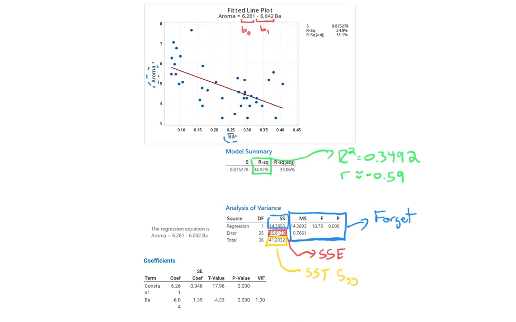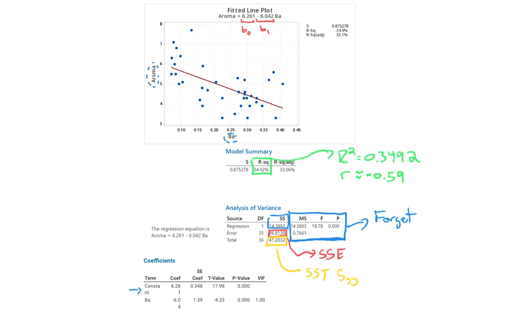But what I kind of want to show you here is it does that hypothesis test for us as well. It gives us a hypothesis test for the constant too, but we don't really care about that as much. We don't care if the constant is actually significant. That just says that the y-intercept isn't 0.